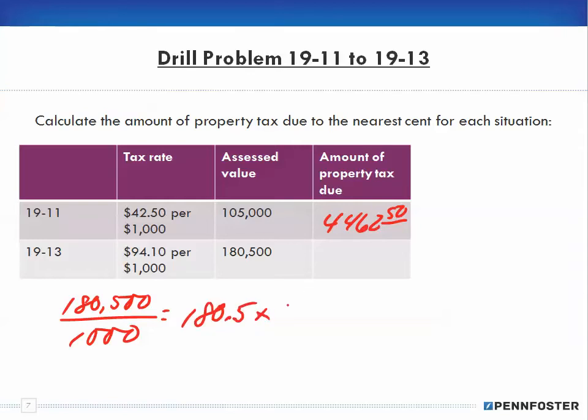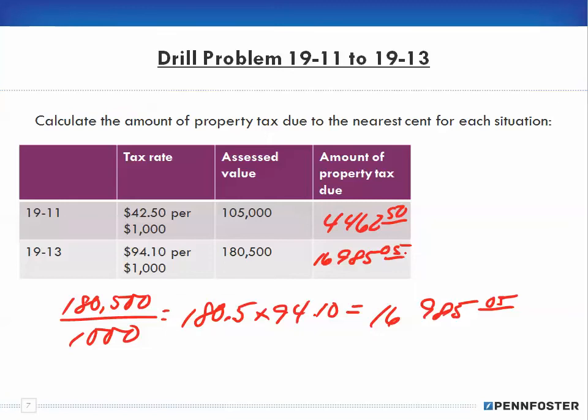We're multiplying that times the rate of 94.10, which equals $16,985.05. And that's it for the drill problems, and it went by quickly.